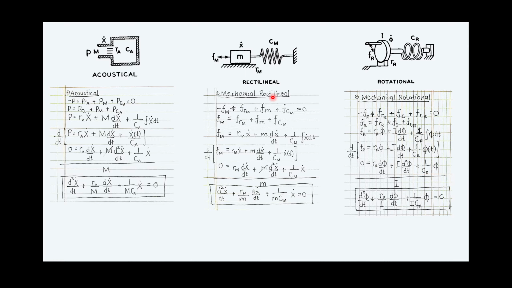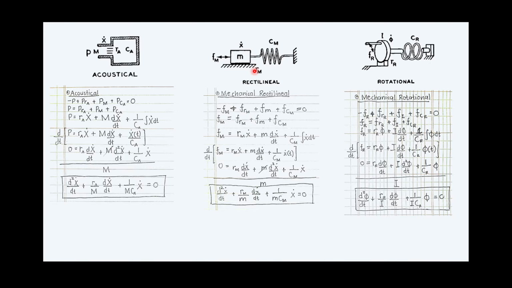And the same also for mechanical rectilinear. I think this one is quite familiar to us. The Fm here is the applied force. If you have a block with a mass m, and then you have the spring Cm, and here you have the friction, or we call it the mechanical resistance.